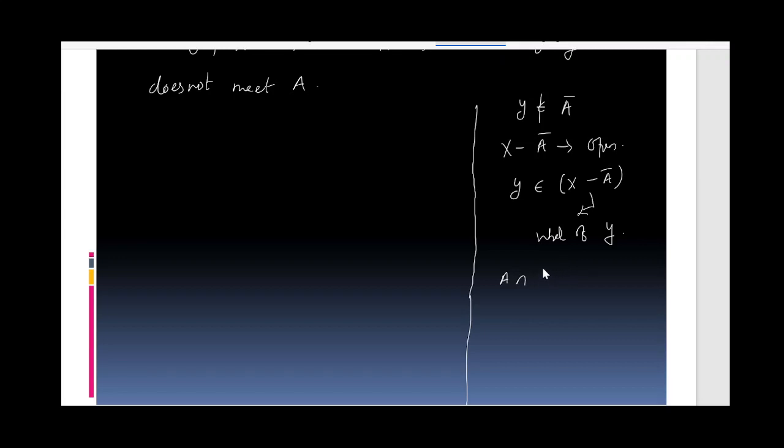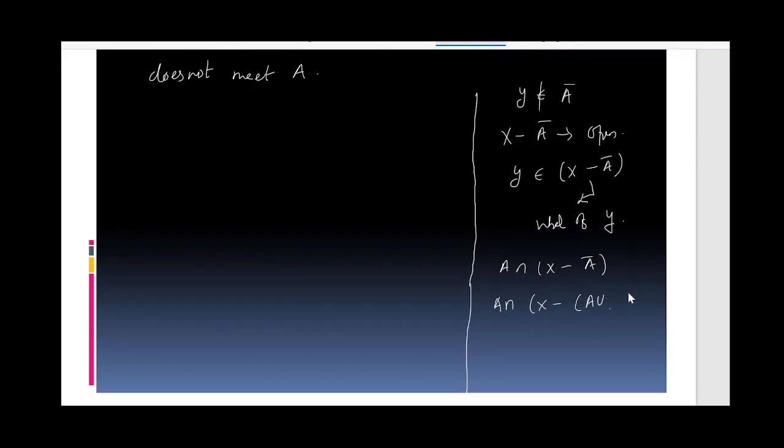I want to take X minus A closure, right? So X minus A closure means I can write X minus A union A dash. So X minus A is there, so A intersection X minus A is the empty set. So it does not meet A. But as per our definition, y belongs to B. What was the set B?